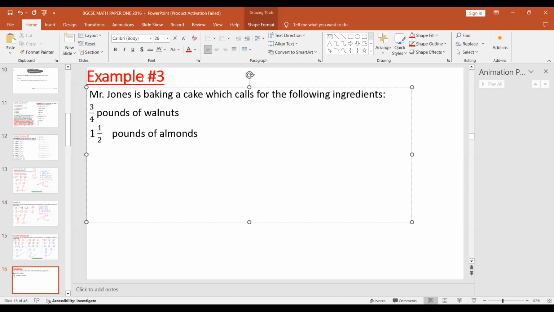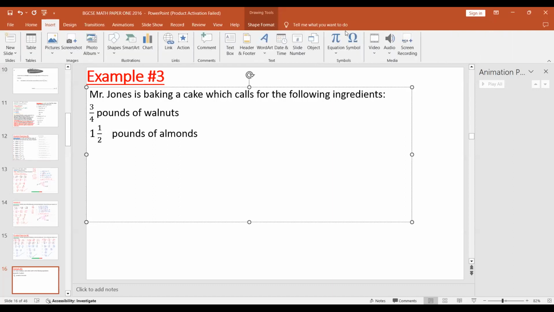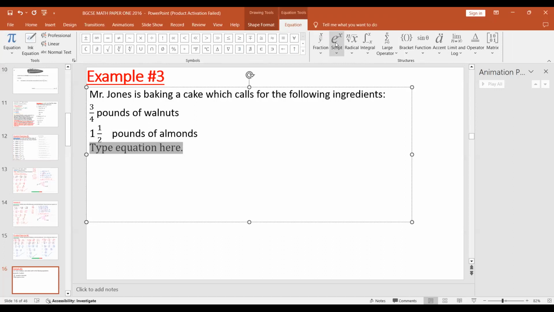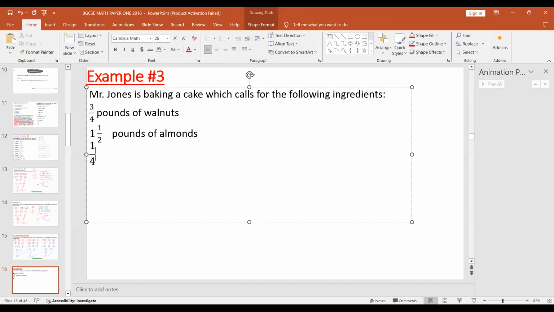And we're gonna need a fourth pound of pecans.